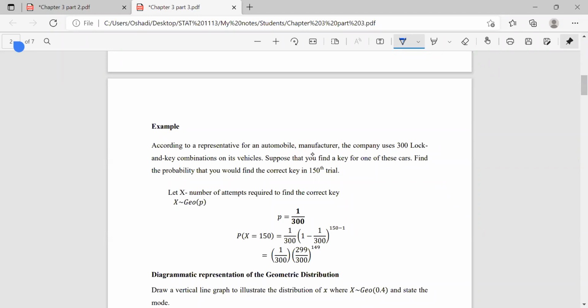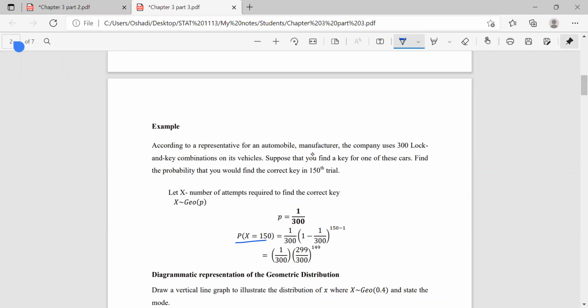So the probability can be found. Each and every key has an equal probability of being the correct key. Therefore, the probability of success is 1/300. So we need to find the probability where the first success occurs in the 150th trial.